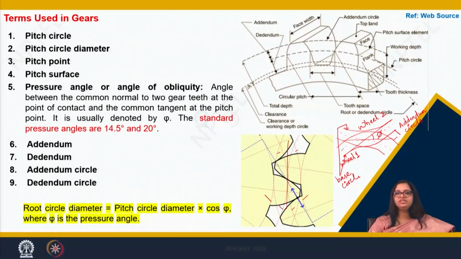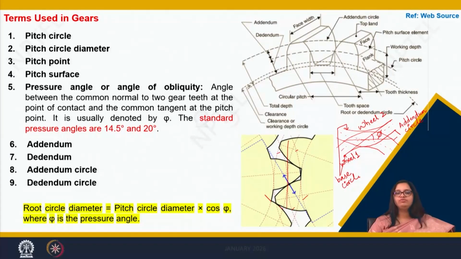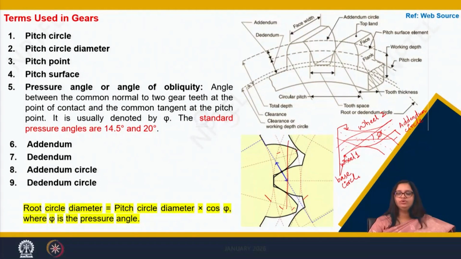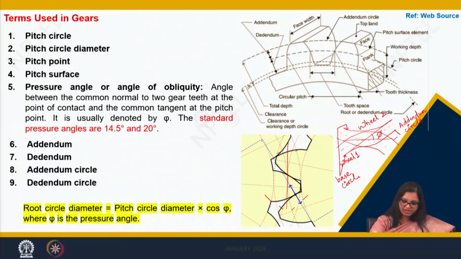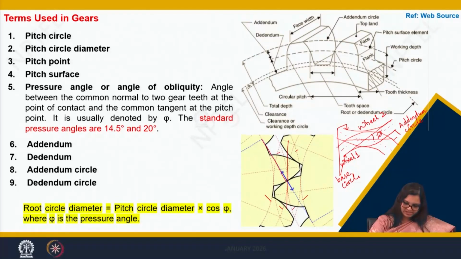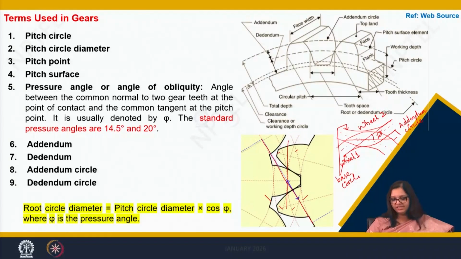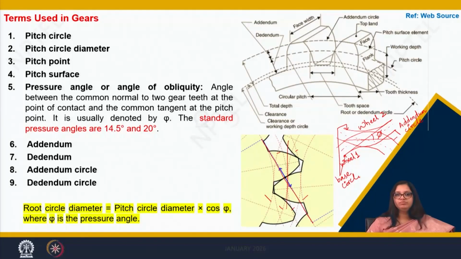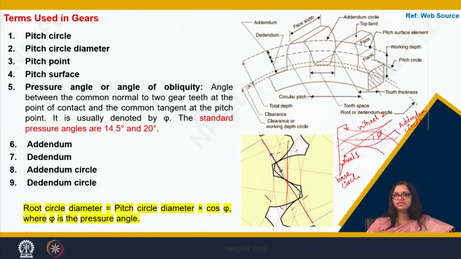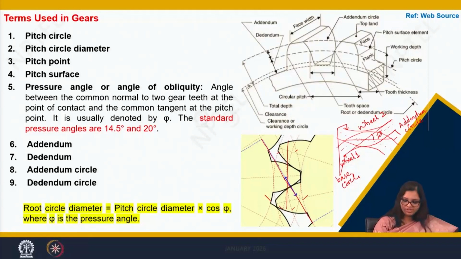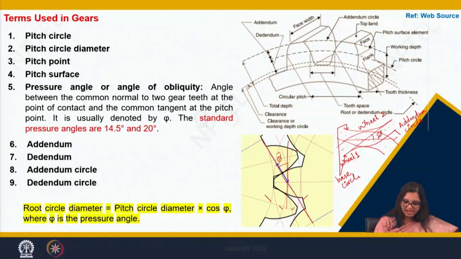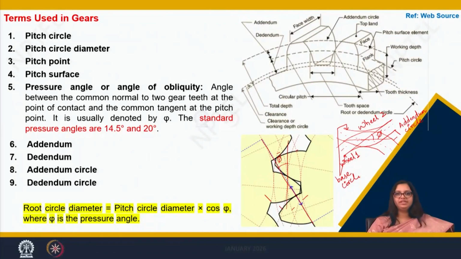Generally this angle varies from 14.5 degrees to 20 degrees. You can also see here there is this line which is the tangent to both of these base circles. So, this angle here is the angle of obliquity.